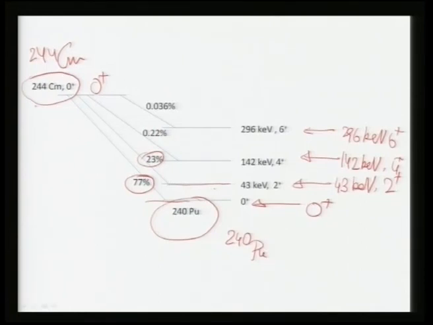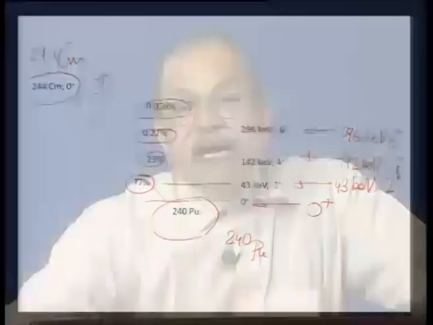And if you go further, the third level, then the probability is only 0.22%, the fourth level it is only 0.036%. So, as you force the alpha particle to have non-zero and larger angular momentum, the probability of decay will decrease. This is the branching ratio: how many alpha particles will go through this route and how many will go through that route. So, that branching ratio, that percentage, will go down with the increase in L.